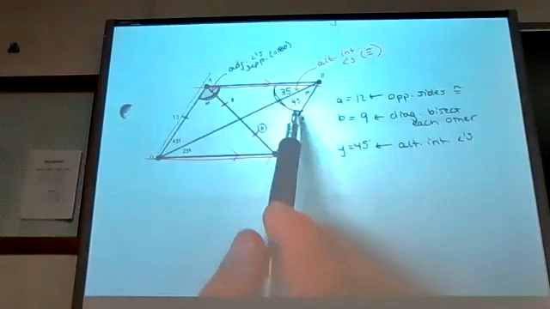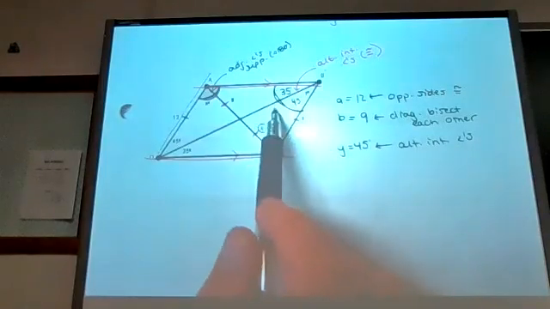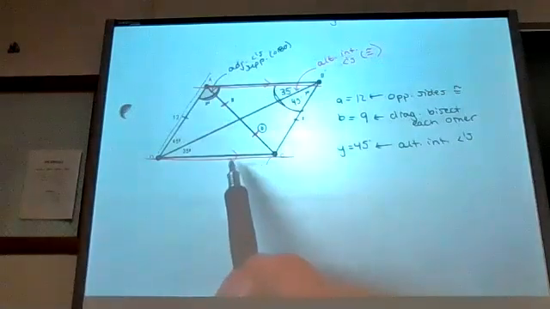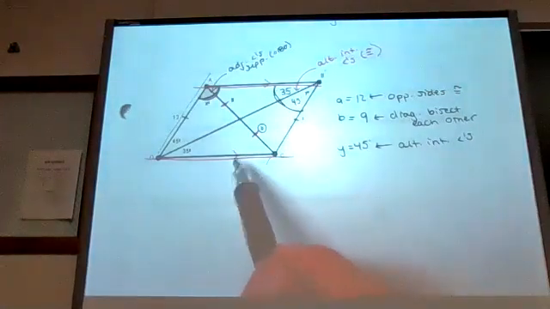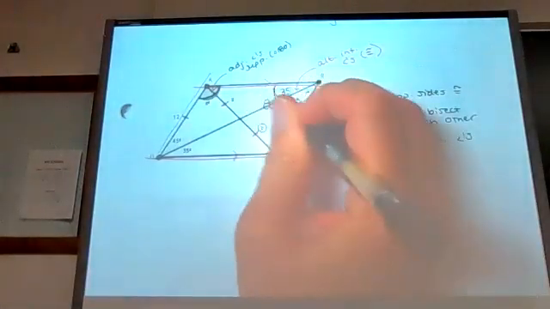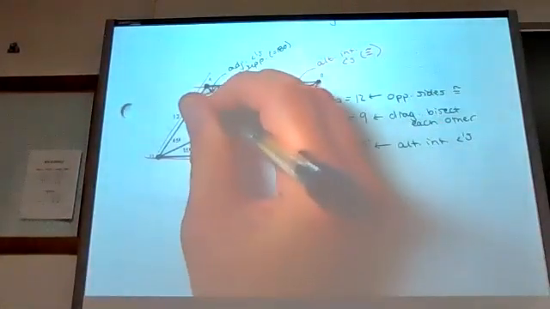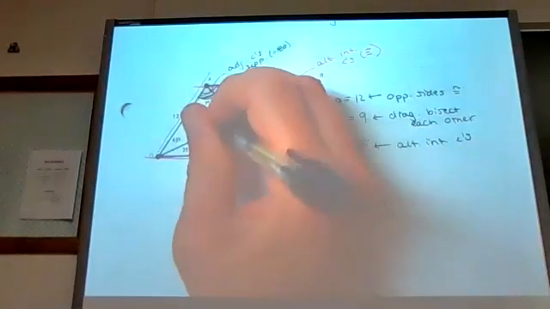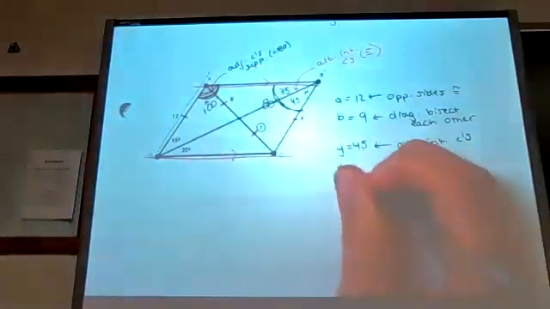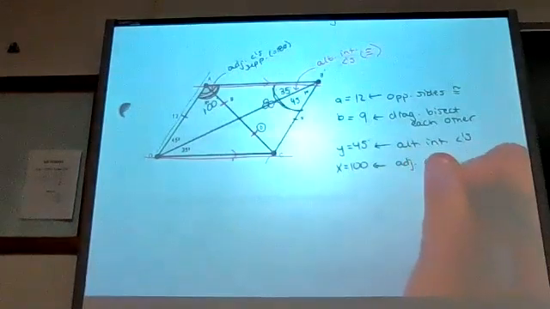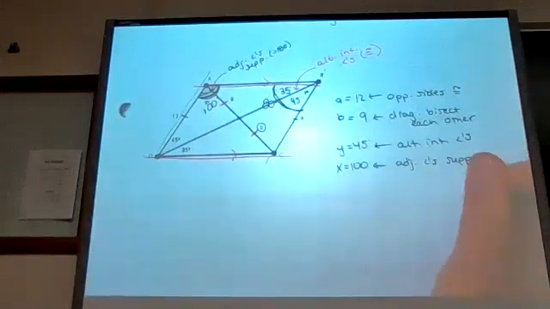It's broken into 35 and 45, so the entire angle is 80 degrees. The angle adjacent to it would have to be how many degrees? 100. So X is 100 because adjacent angles are supplementary.